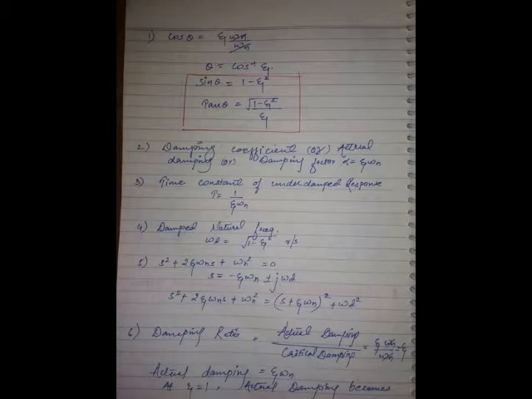A value slightly less than 1 or slightly greater than 1. That is how you have to adjust the damping ratio values and design a system. That is why, for a majority of control systems, the optimum values of zeta are between 0.3 to 0.7.